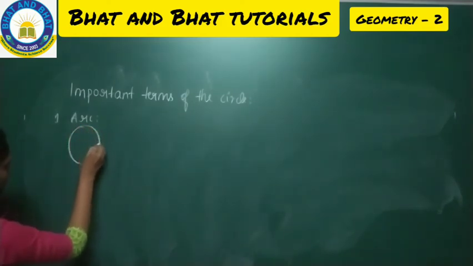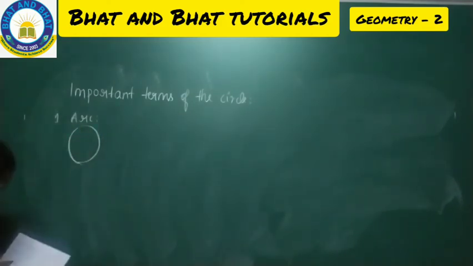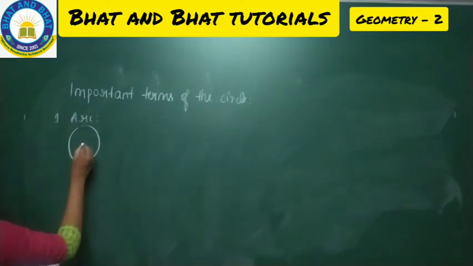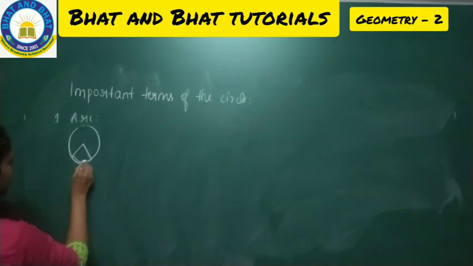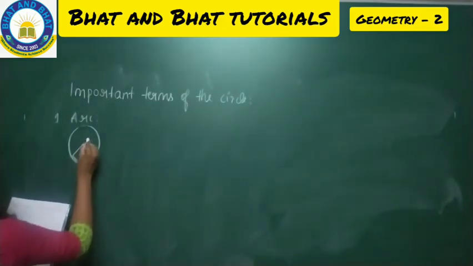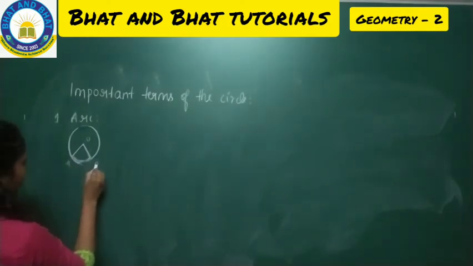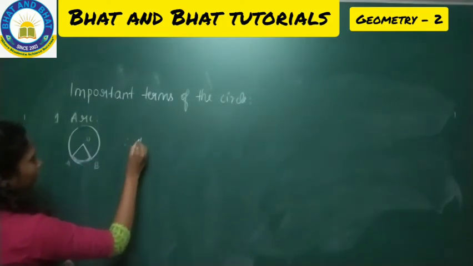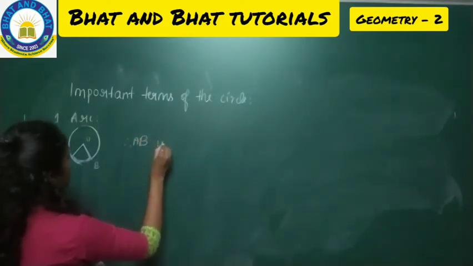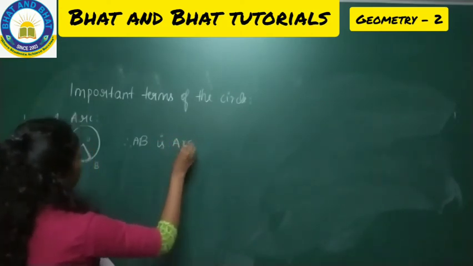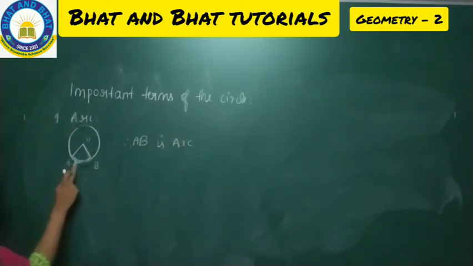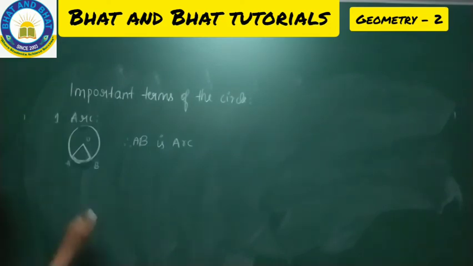You draw one circle. In that circle, this is the middle point, and if you draw like this, the highlighted part is called an arc. So here give it as O, A, B. Therefore, AB is an arc.